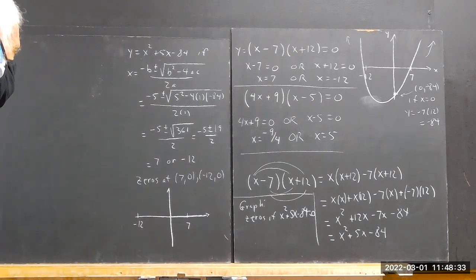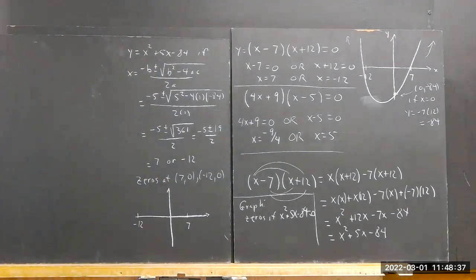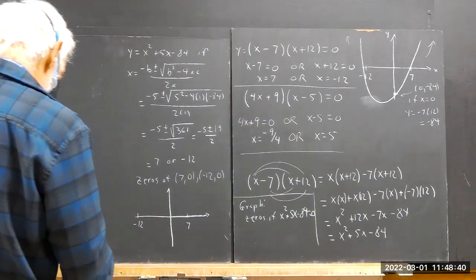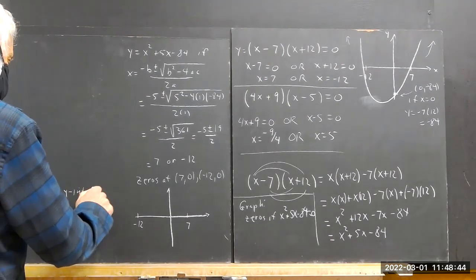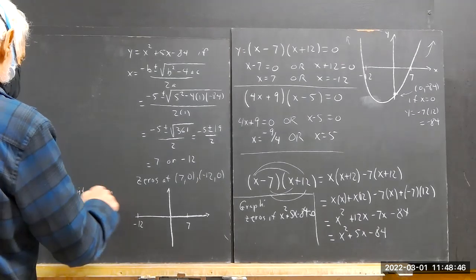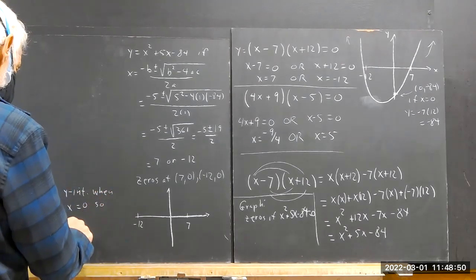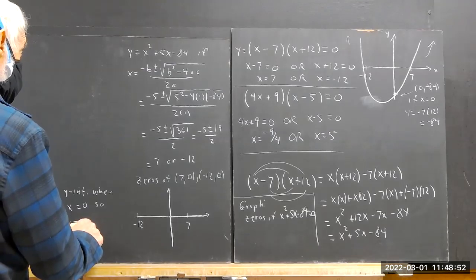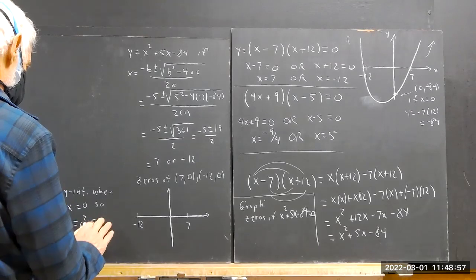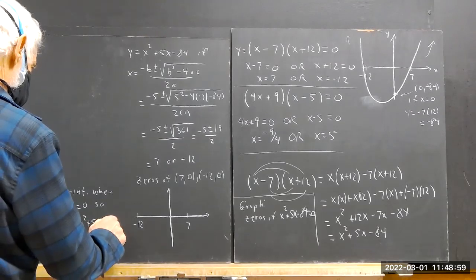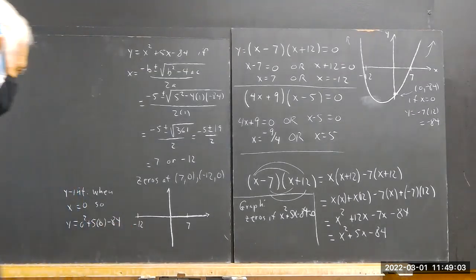So here we have it. And now, what's the other thing we can do? The y-intercept. We can set X equals 0, so y would be 0 squared plus 5 times 0 minus 84.